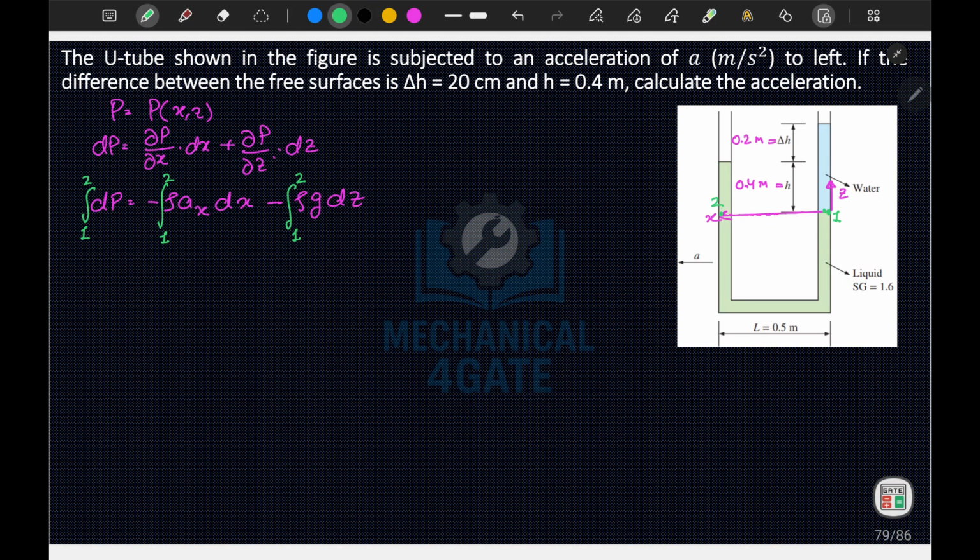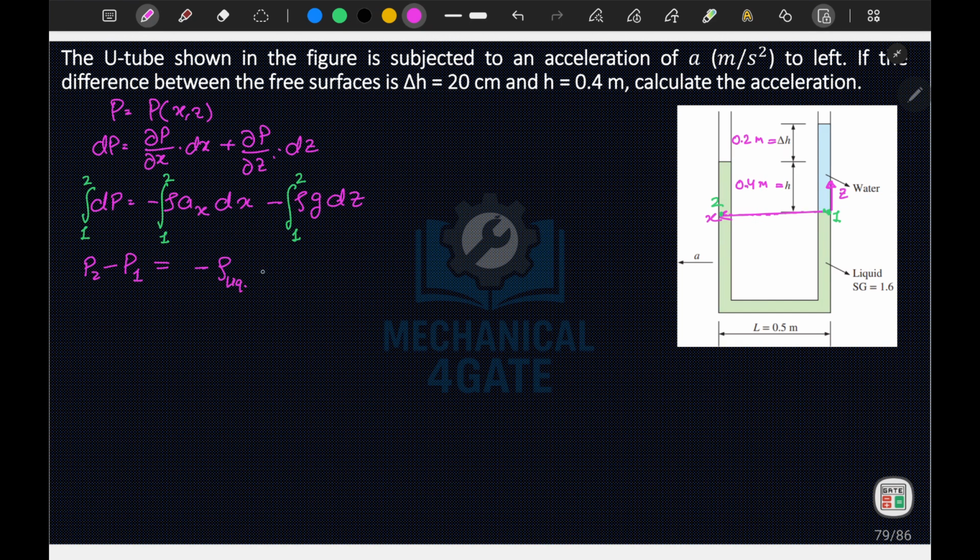So here I can write P2 minus P1 is equal to minus, now density in the liquid will remain the same, so this is density of liquid times ax.